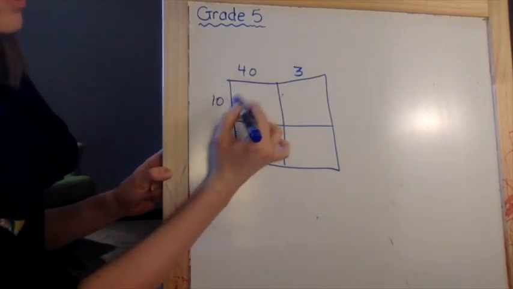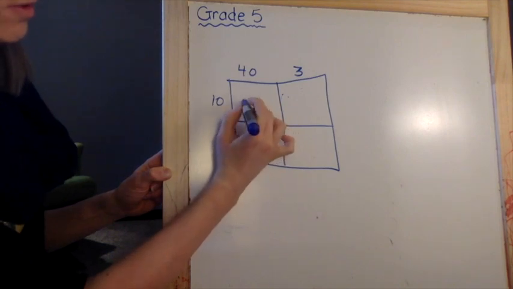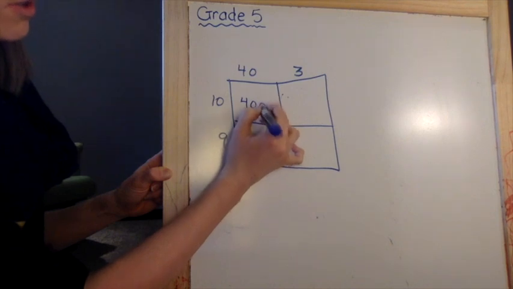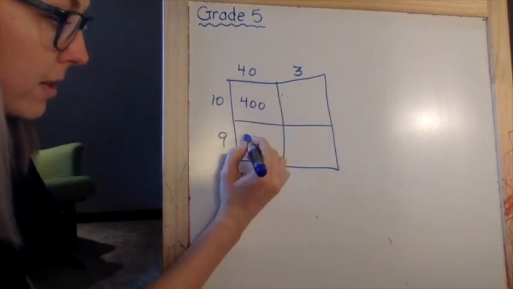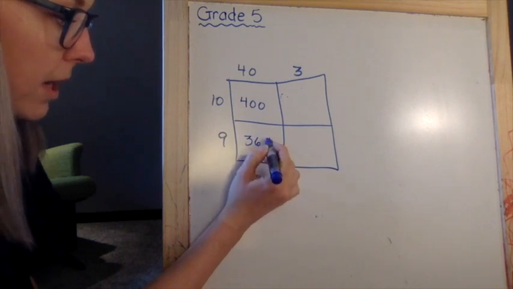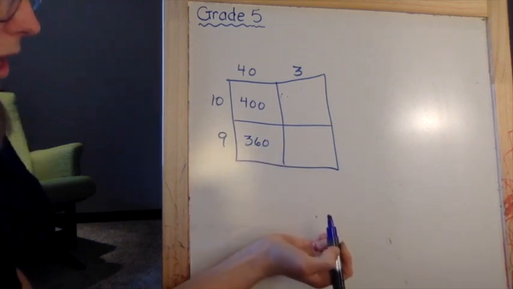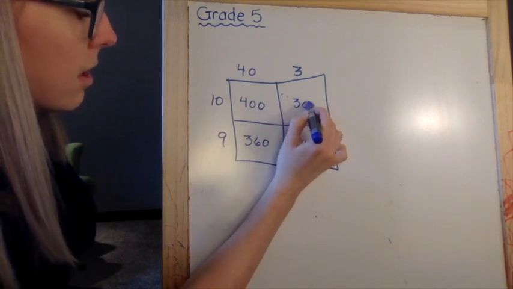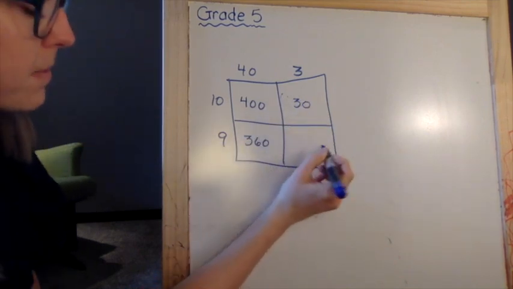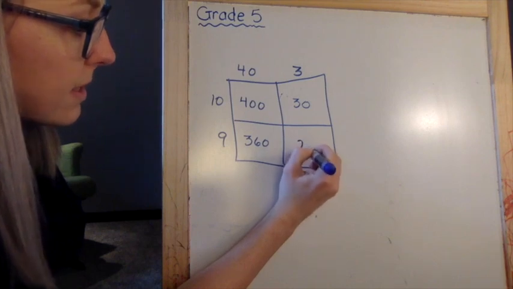So, 40 times 10, 4 times 1 is 4, and we're going to have how many zeros? 2 zeros. 400. 9 times 40, so 9 times 4 is 36, and we're going to have 1 zero. Okay. Now, 10 times 3 is 30. And 9 times 3 is 27.